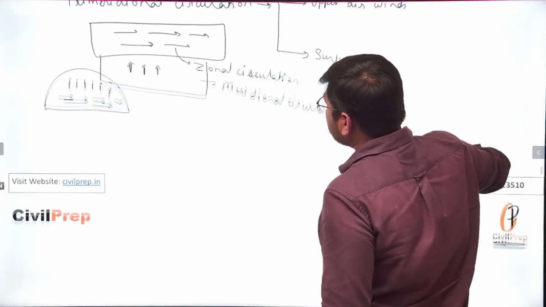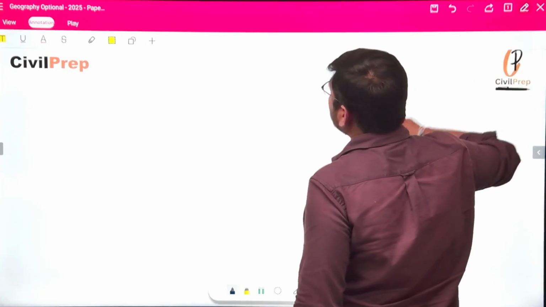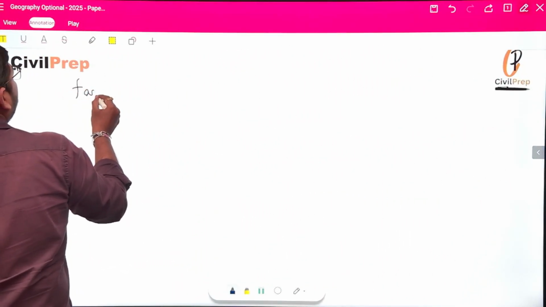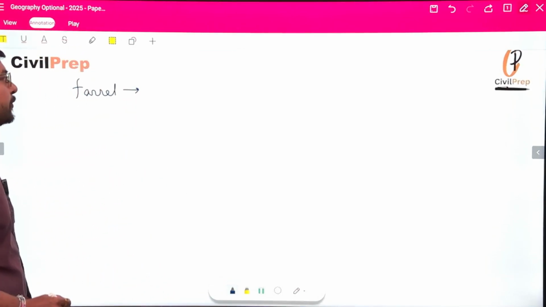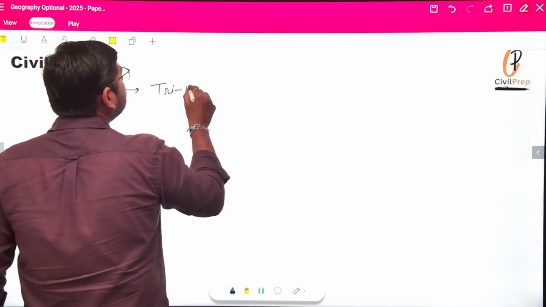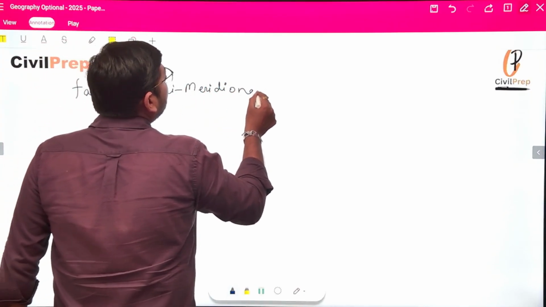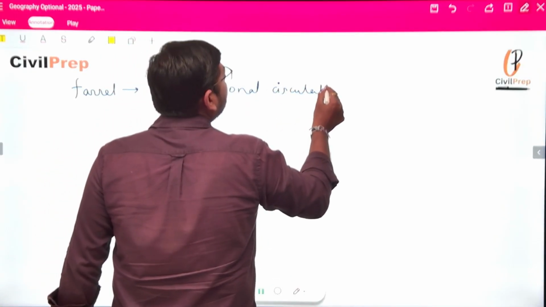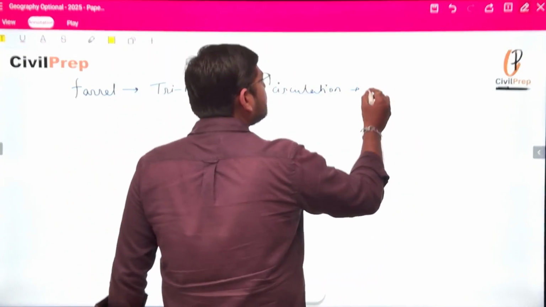For this aspect, we need to take help of certain theorists. Ferrel was one of the theorists who explained the tri-cellular circulation, taking up the previous examples of Hadley.